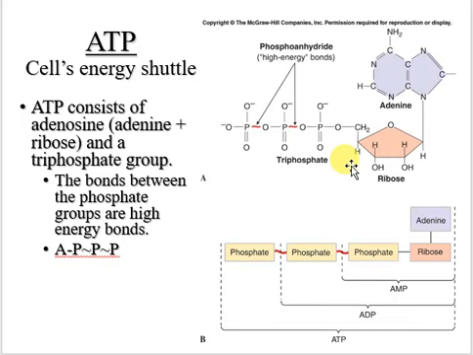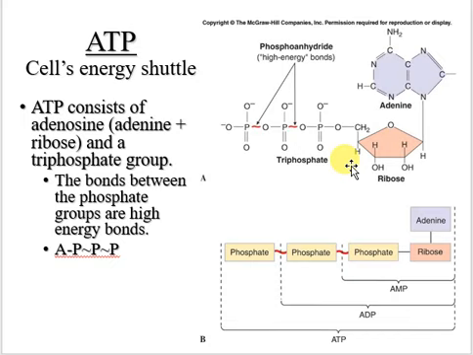When that phosphate group breaks off, ATP is converted into a form called ADP, meaning it only has two phosphate groups. So it's adenosine diphosphate. The breakdown of ATP creates ADP and an inorganic phosphate molecule.